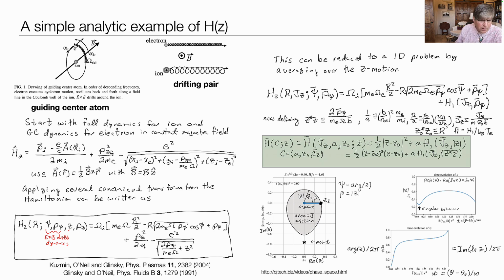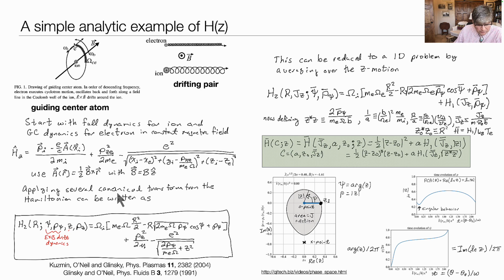Okay, now let me talk about a simple analytic example. This also dates back, as my inspiration does, to my graduate school education. We start with the full dynamics of an ion and guiding center dynamics for the electron in a constant magnetic field, given by this Hamiltonian shown here.